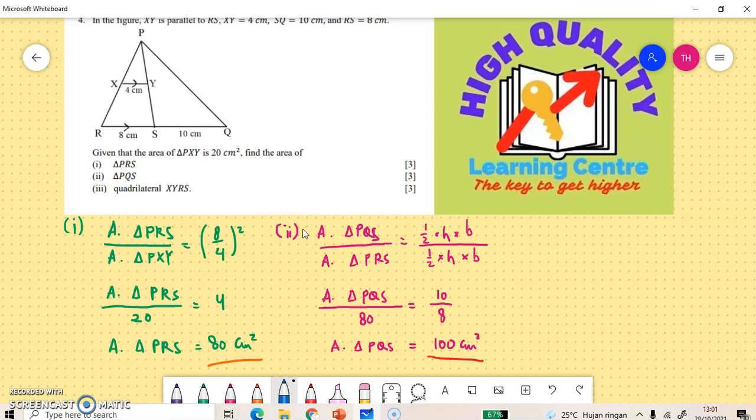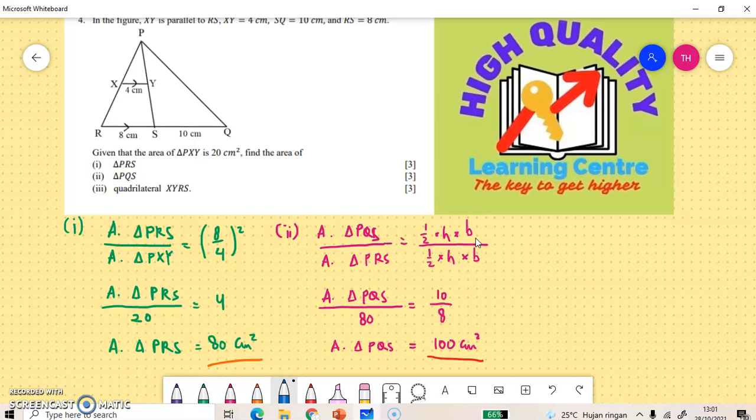As we know, PQS and PRS have the same height, but different base. So we can cross, half divided by half. We cross and cross. Half the height also we cross and cross.